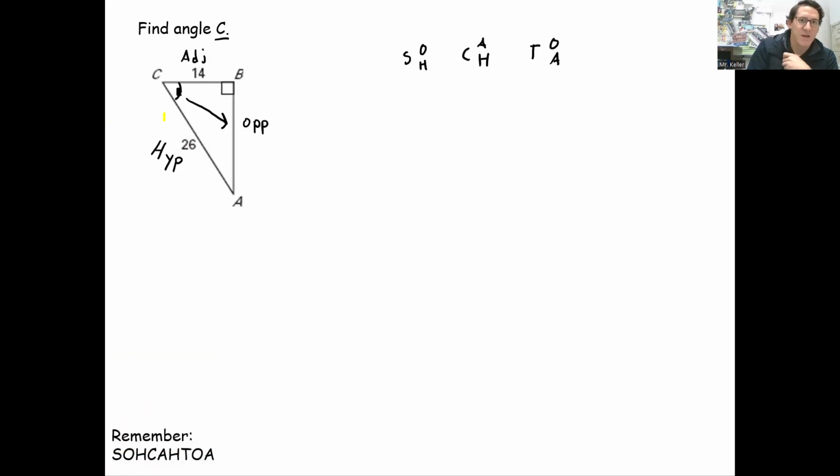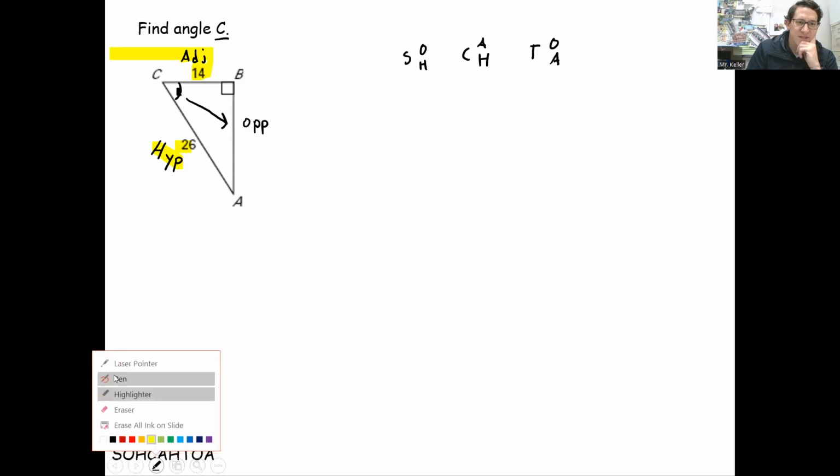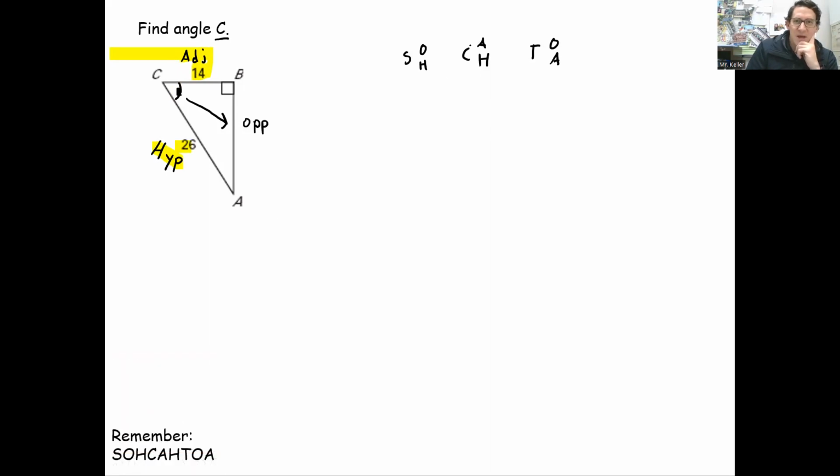Ask yourself, what two side lengths are you working with? We have the adjacent and the hypotenuse. Which trig function uses adjacent and hypotenuse? That is going to be cosine. So cosine of C is equal to the adjacent 14 over the hypotenuse 26.